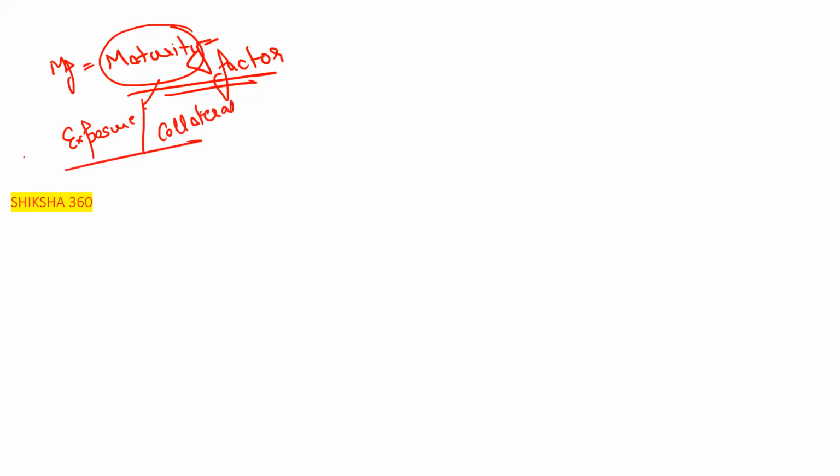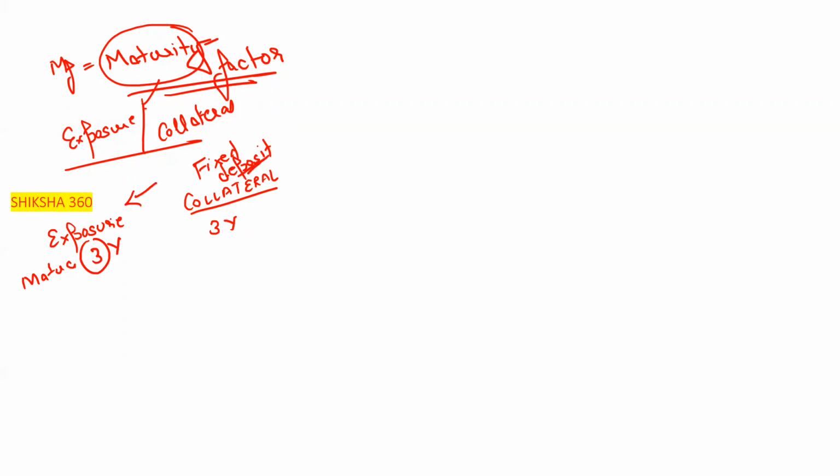So let's discuss what that means. Here we have exposure, here we have collateral. The maturity of the exposure is 3 years, and the maturity of the collateral is also 3 years. Like, you have a fixed deposit against which we are taking the exposure.